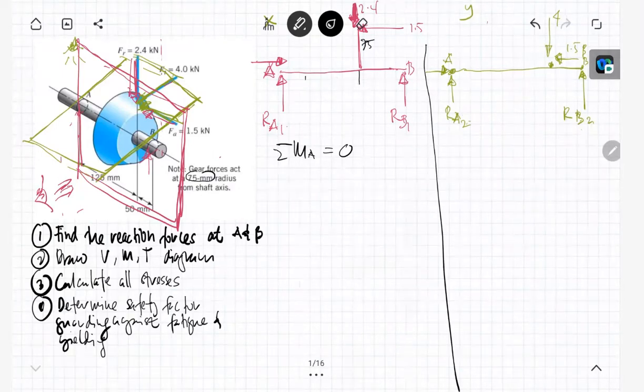And this is 125, and this is 50, same as this is 125, this is 50.